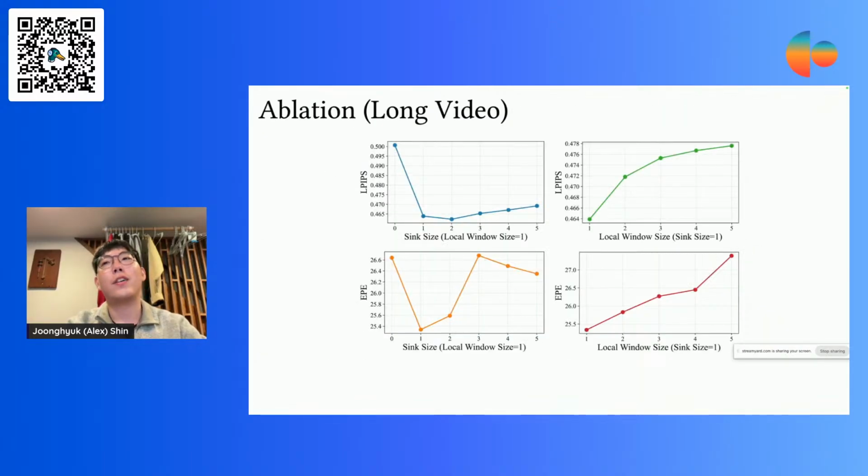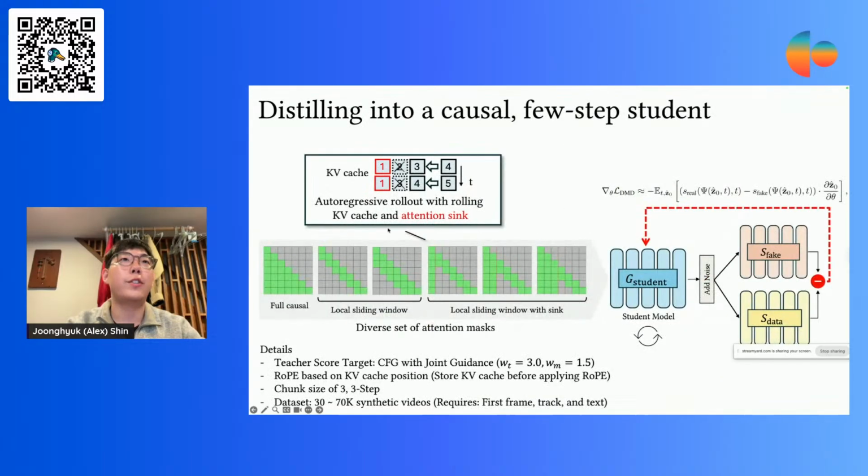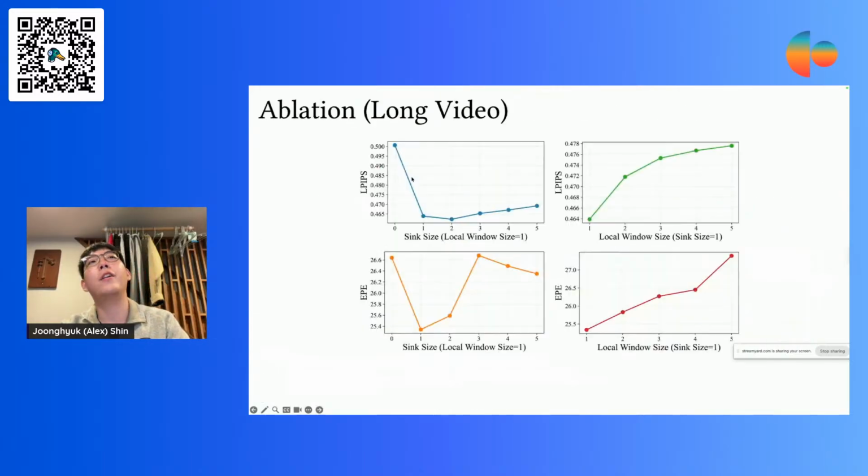And actually, there's a cool observation, which is that a natural hyperparameter resulting from this kind of framework is how many tokens we have to sync and how much history we have to carry on. The left side is an ablation result. It shows the impact of the sync token size.